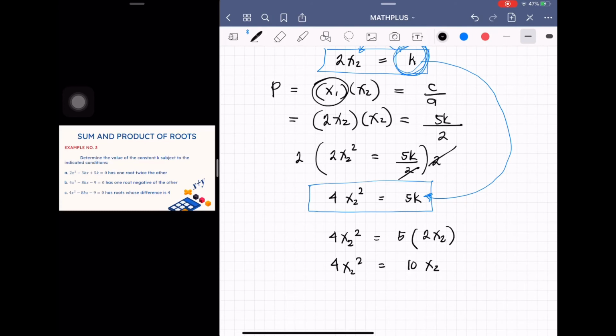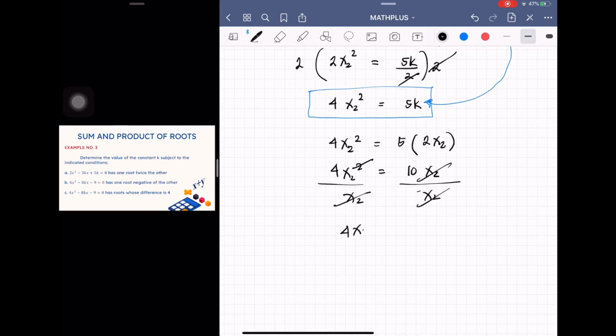To solve for x sub 2, it is common on both sides, so if I divide by x sub 2 once, one will be cancelled on each side. That results to 4x sub 2 on the left equivalent to 10. Solving for x sub 2, I divide both sides by 4, which cancels the 4 on the left side. You have x sub 2 equivalent to 10 over 4, which is 5 halves.